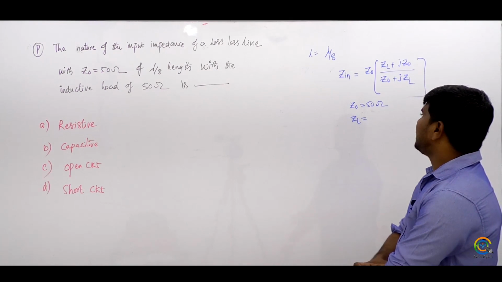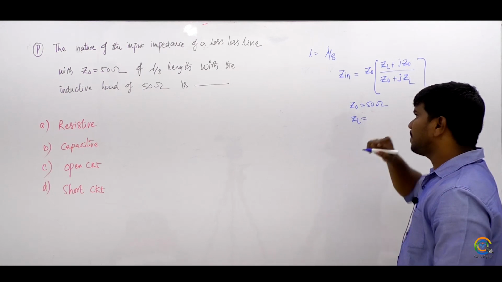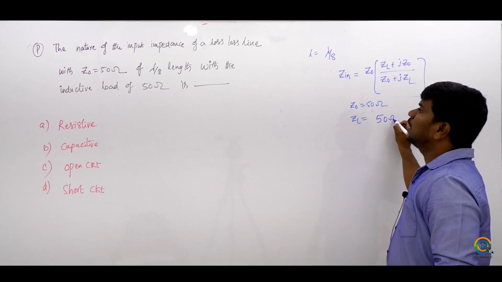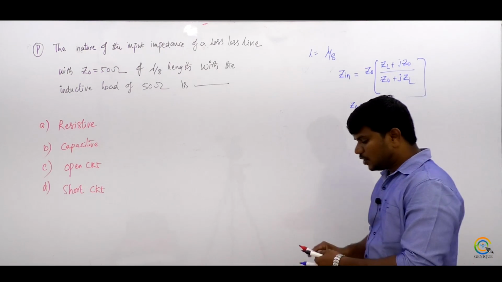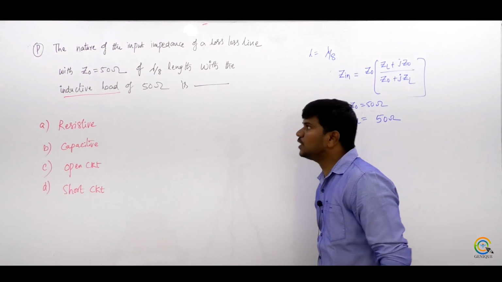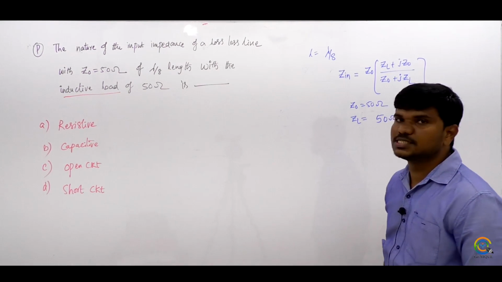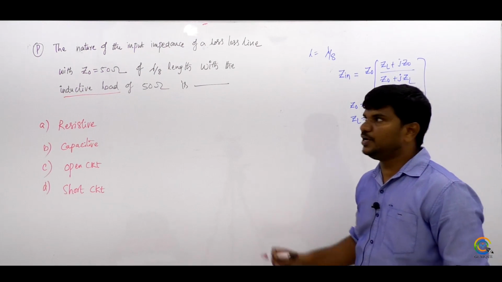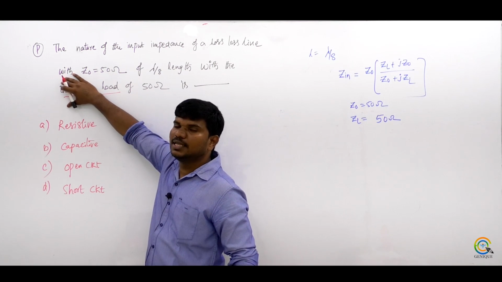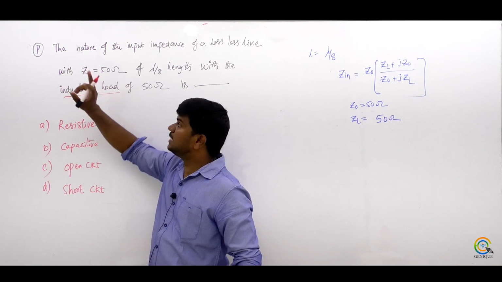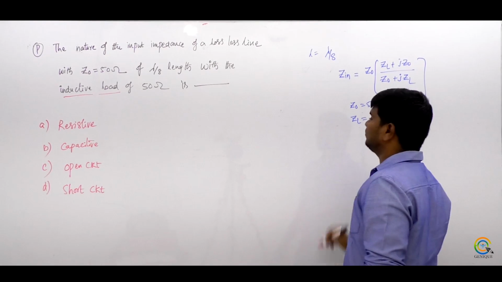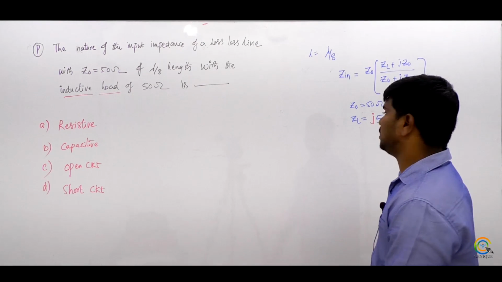ZL is equals to 50 ohm given, but you have to notice that it is an inductive load. It is not a resistive load. If it is simply given as a load of 50 ohm, then it is a resistive load. If it is an inductive load, you have to write it as j50. That is the thing you have to observe.